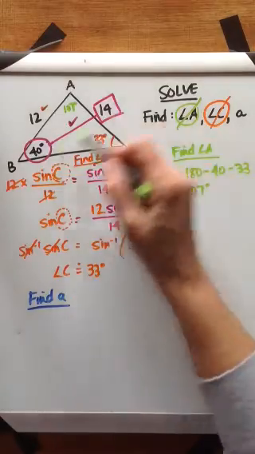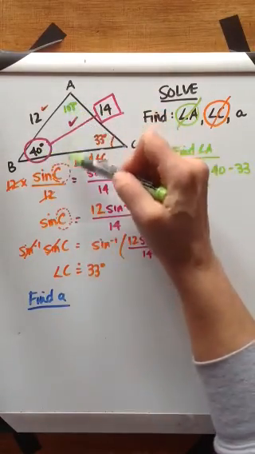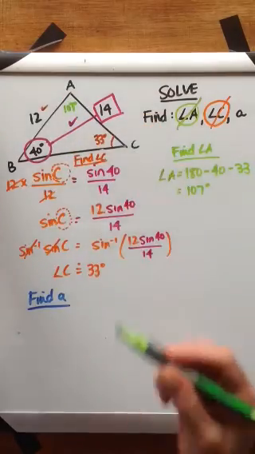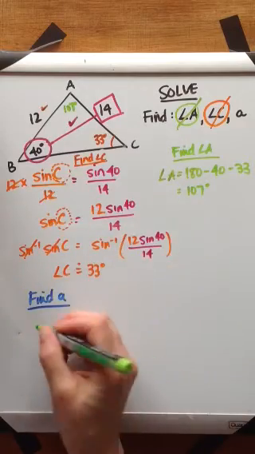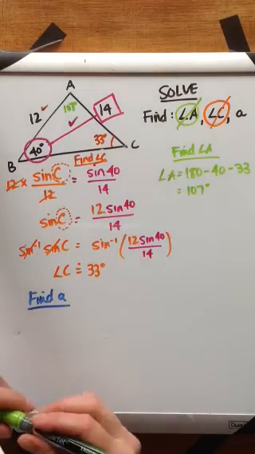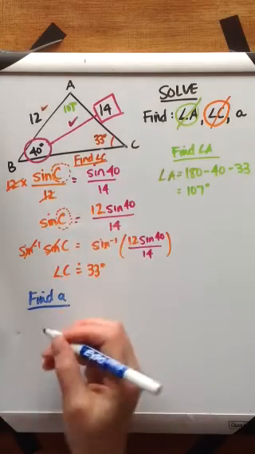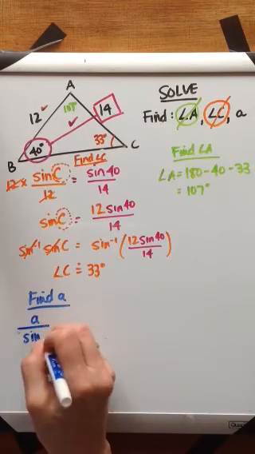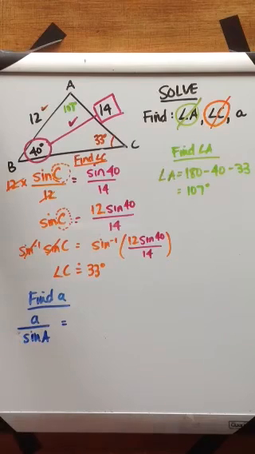So again, I can use the sine law because I've got this opposite pairing, and I can create another pairing here between this angle and its side too. Because I want to find a and I want to make rearranging the equation easy, let's let it be at the top of the proportion that we set up. So little a over sine A is equal to little b over sine B.